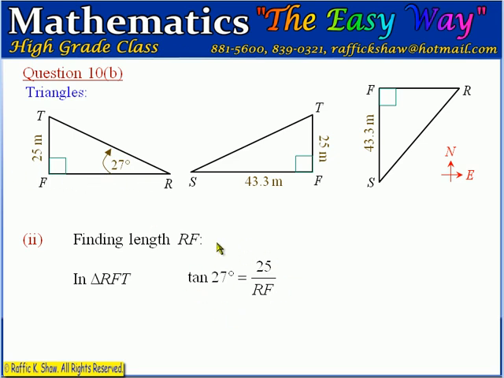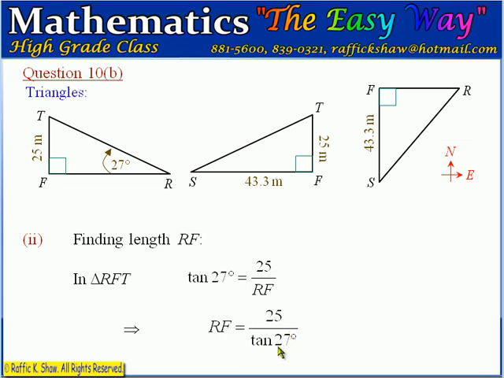RF can be calculated by simply transposing and making RF the subject: RF is equal to 25 divided by tan of 27 degrees. What we have done is to simply multiply RF up here and divide the tan of 27 down here.